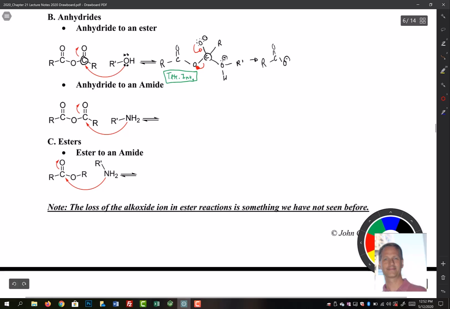And then I'm going to rearrange things a little bit here. So I'm going to move this R group down to this position. That puts my carbonyl just like so, and my O, R prime, H, just like this. And then the last step of that reaction is your deprotonation.